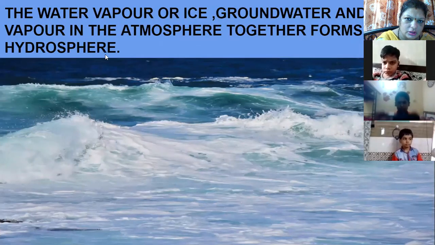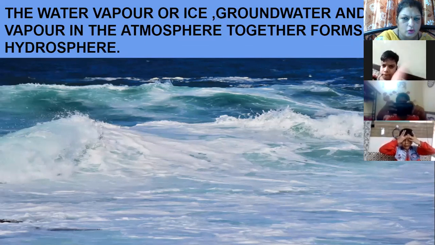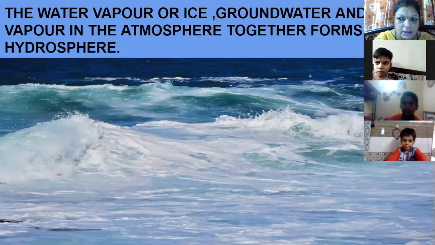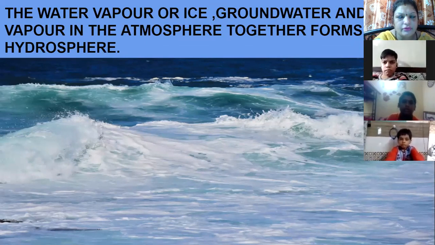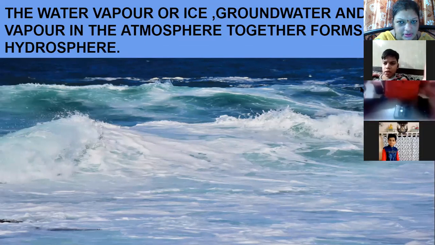So the water vapor or ice, groundwater. What we learned till now? The water vapor or ice. We saw the ice. The groundwater also we saw. The groundwater, from where we get? From the well, from the bore well. Water vapor in the atmosphere.